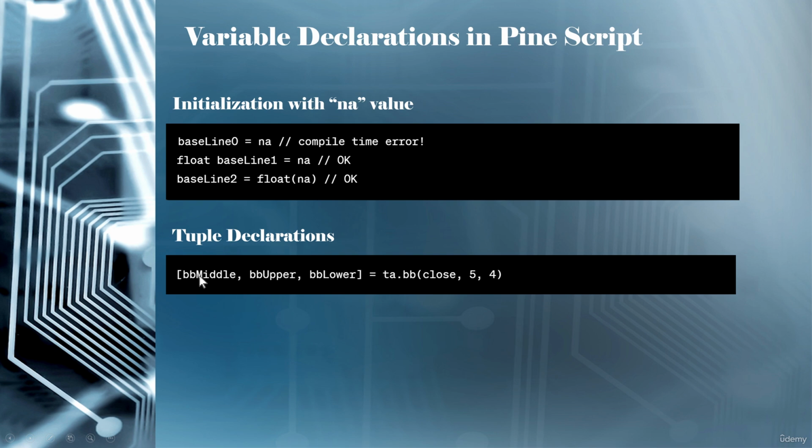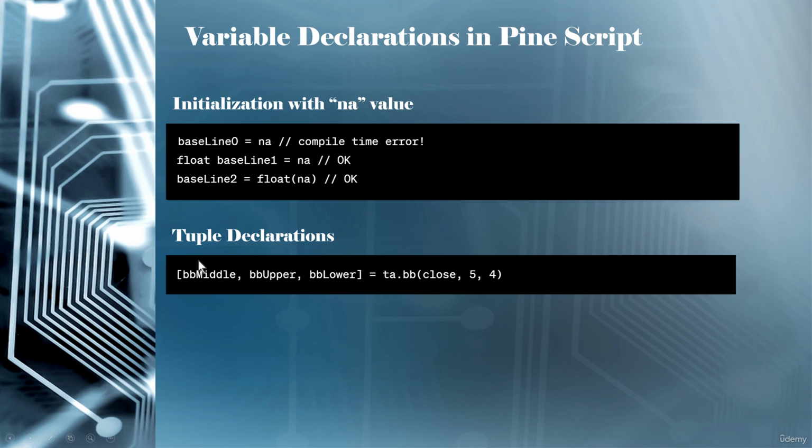And in the next example, we see the tuple declaration example, when we assign the value returned from the ta.bb function to the tuple. Why? Because if we look up ta.bb, we know what type of value it returns: a tuple.